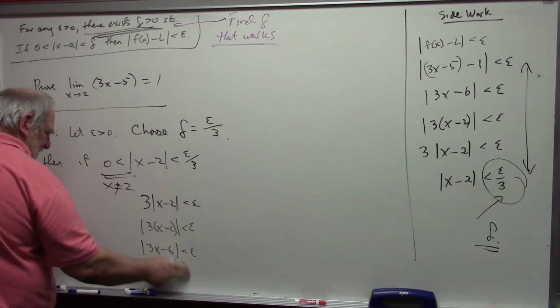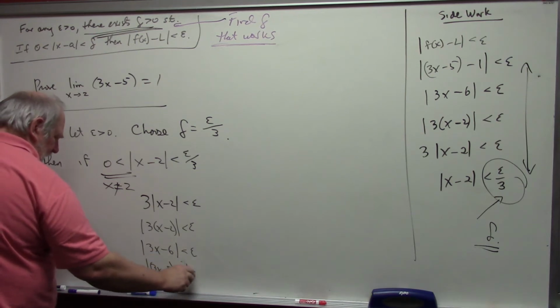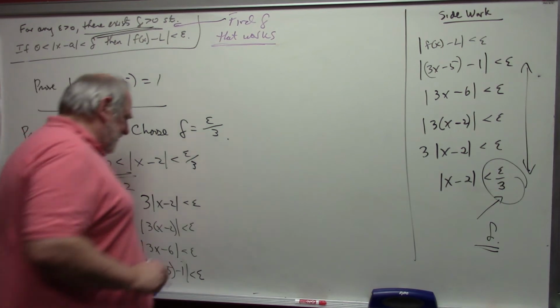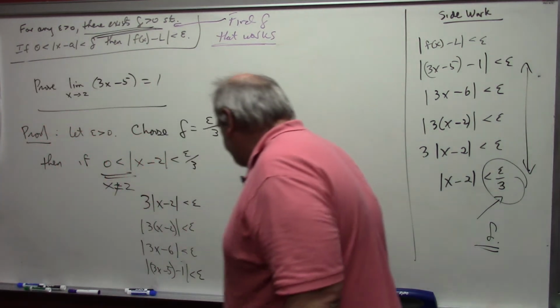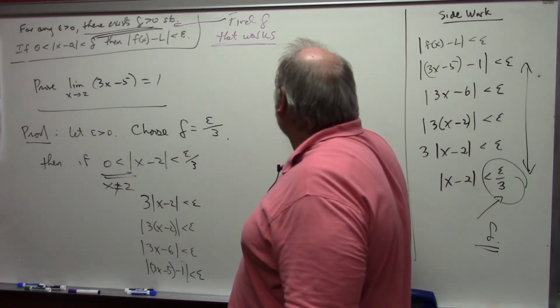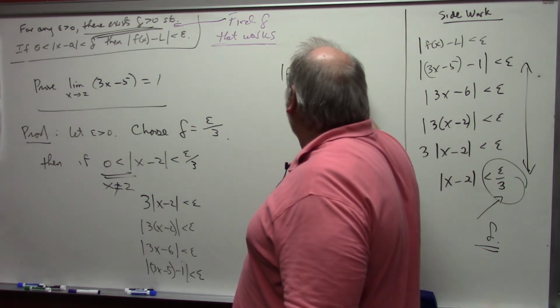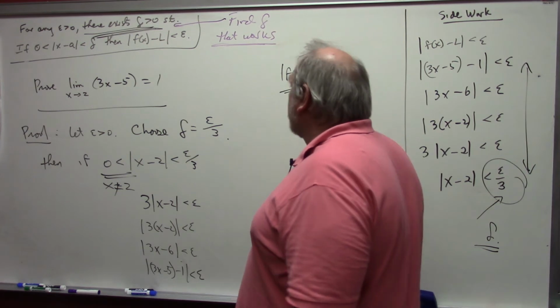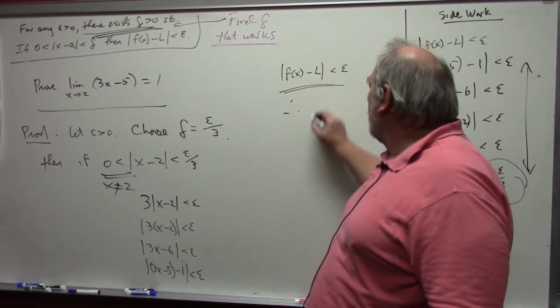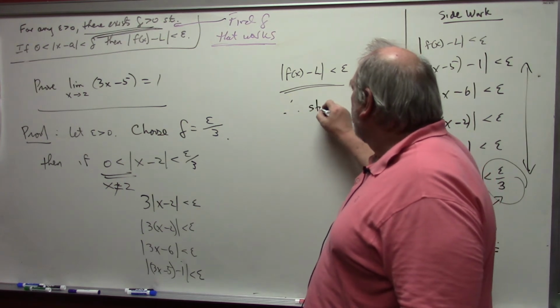Oops, that should be an absolute value. And so therefore, I have my absolute value of f of x minus L less than epsilon. And so therefore, the statement's proven.